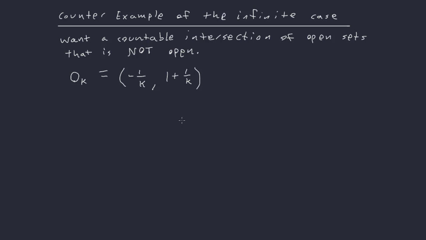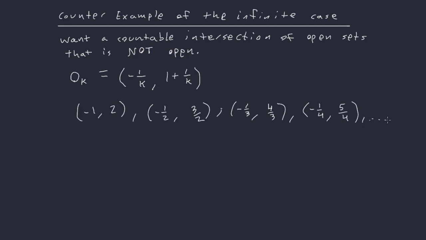In other words, we're looking at this sequence of open intervals that goes -1 to 2, -1/2 to 1.5, -1/3 to 1 1/3, so that will be 4/3. So let me be more consistent here. That'll be 3/2, 4/3, -1/4 to 5/4, etc.